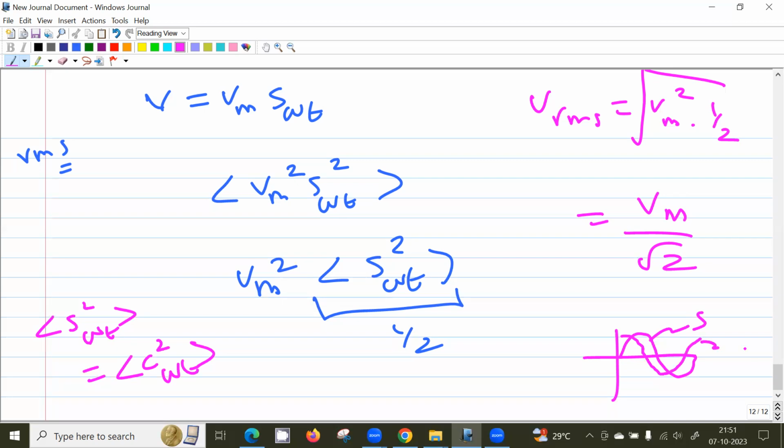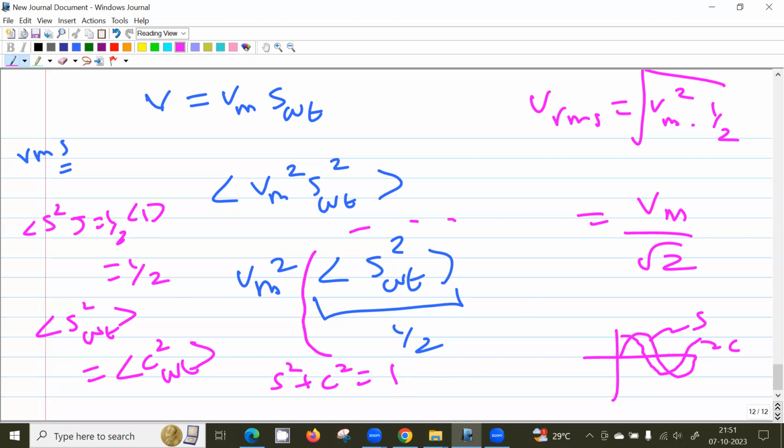The averages of sine and cos are the same, time average. So the averages of sine square and cos square are also the same. And we know that sine square plus cos square is 1. So from this I get the average of sine square as half of the average of 1, which is 1. So it is half. That's one way of getting the result that the average of sine square is half.